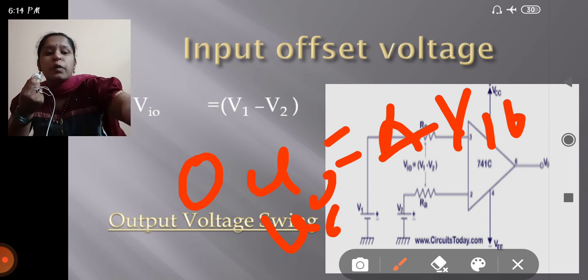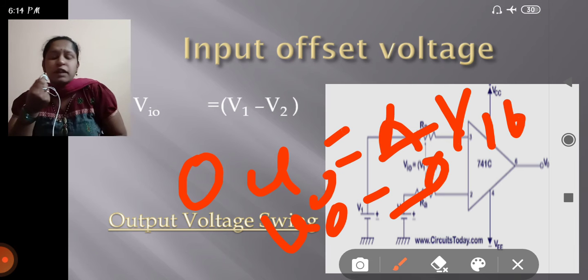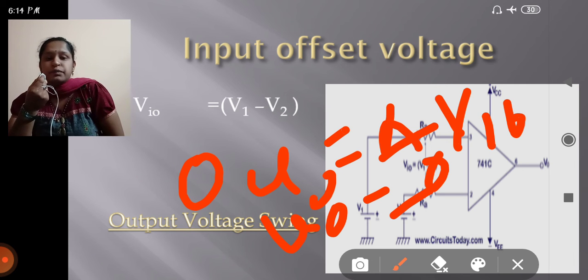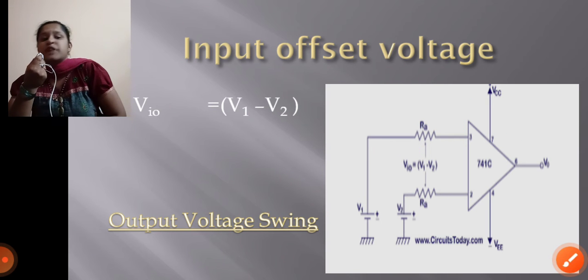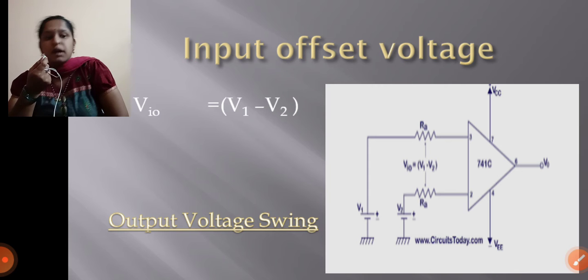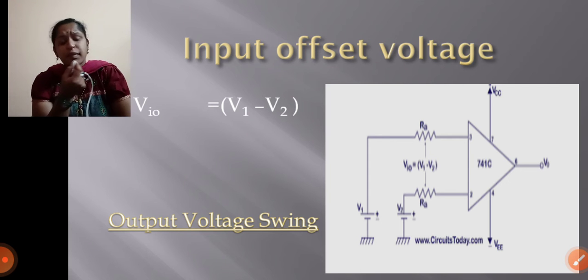Obviously the V naught equals 0. That is called the input offset voltage.